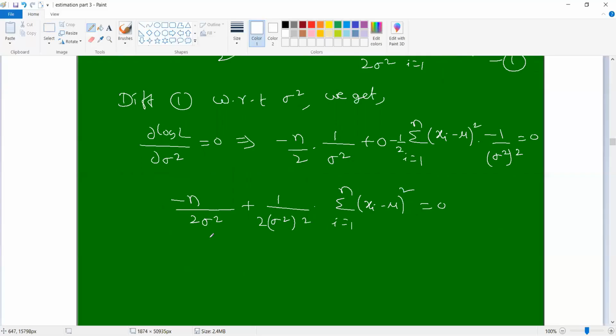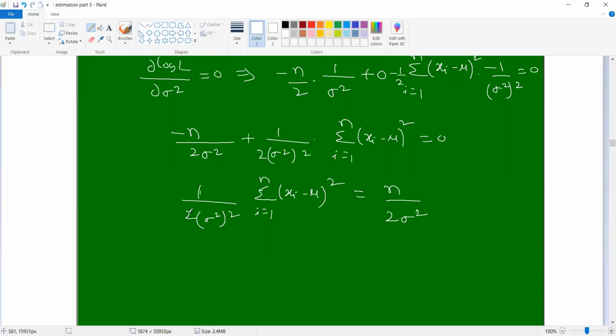Now bringing this to the right side, 1 by 2 sigma square whole square summation i equal to 1 to n of (xi minus mu) whole square is equal to n by 2 sigma square.